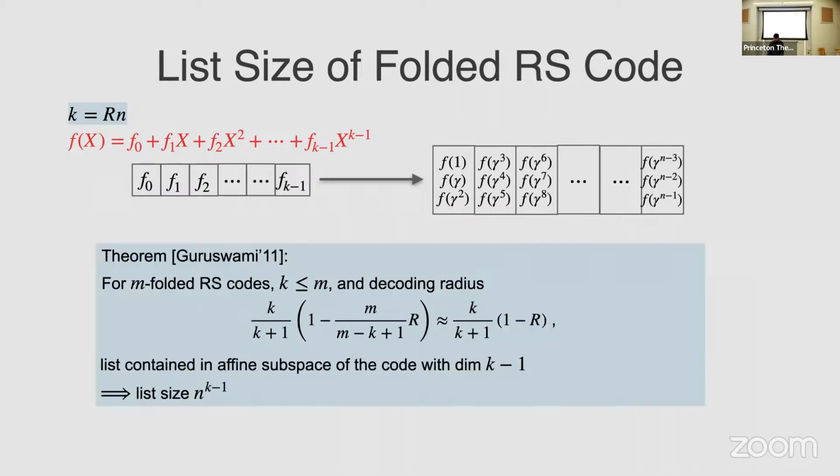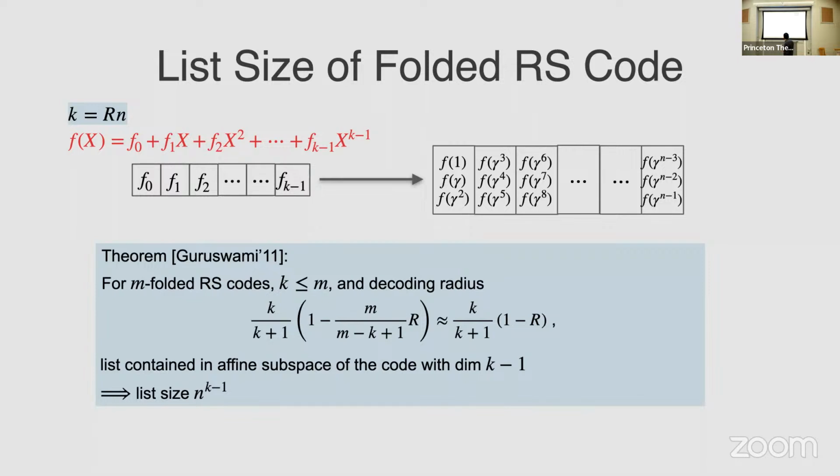And the main theorem, which was a simplification of the original Guruswami-Rudra result, says that if we are talking about M-folded Reed-Solomon codes, then there is some threshold. Let's say we ignore this factor for now. By increasing M, this can be made arbitrarily close to 1. So what we are saying is that up to k over k plus 1 times the distance, the list is going to be contained in an affine subspace of dimension k minus 1.